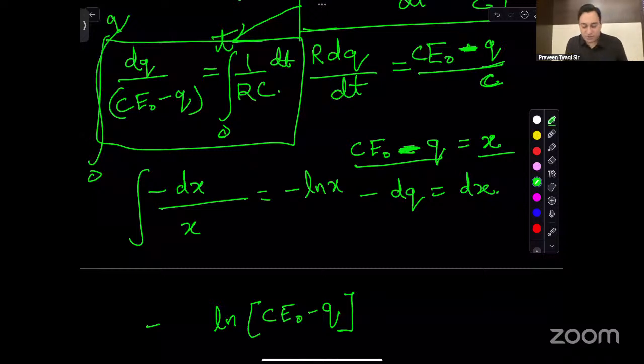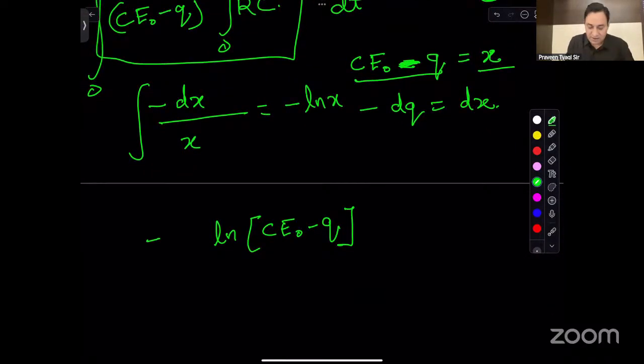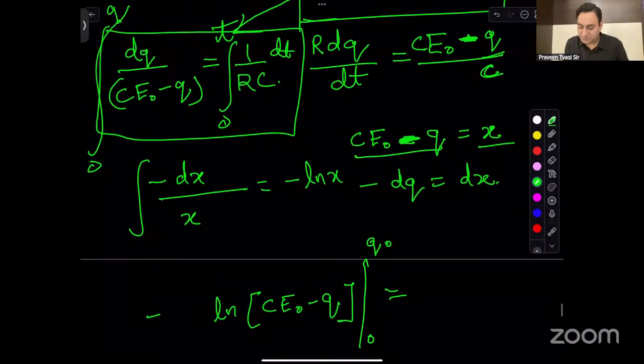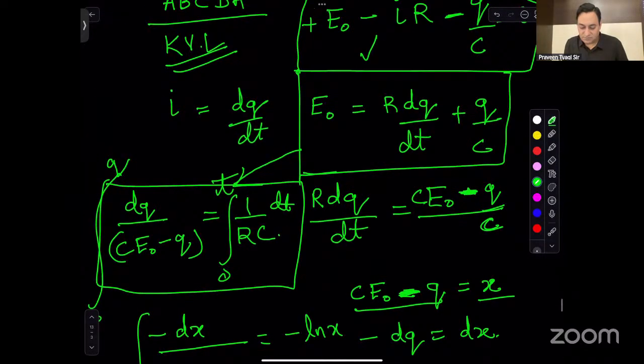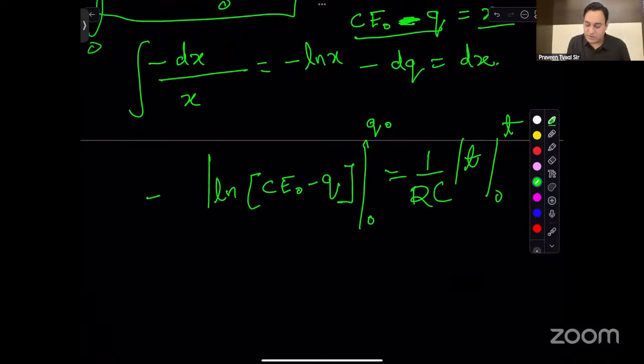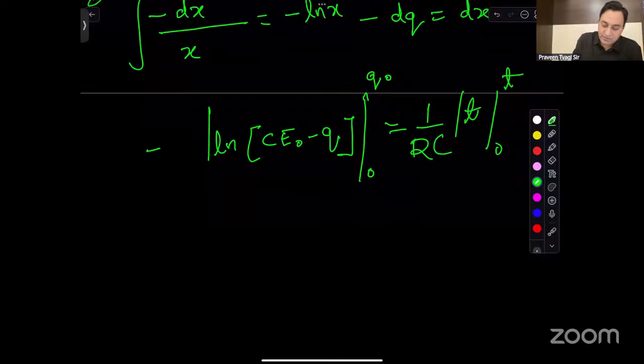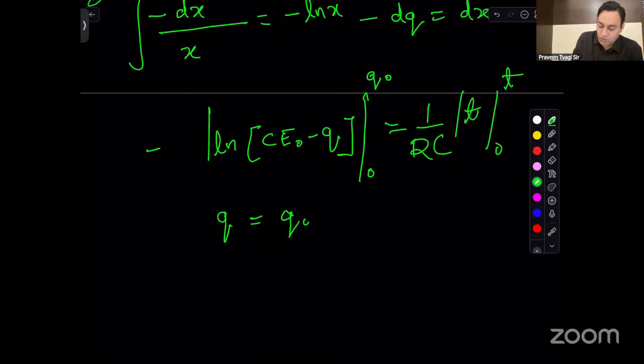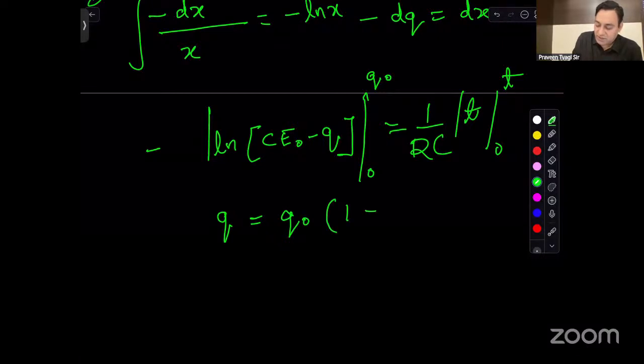We are going to a general position now. So Q from 0 to Q is equal to the integral of dt, which will be 1 by RC times T, and time is 0 to T. Now we'll solve this, put the upper limit and lower limit, and finally you'll get the result: Q is equal to Q naught times (1 minus e to the power minus T by RC).